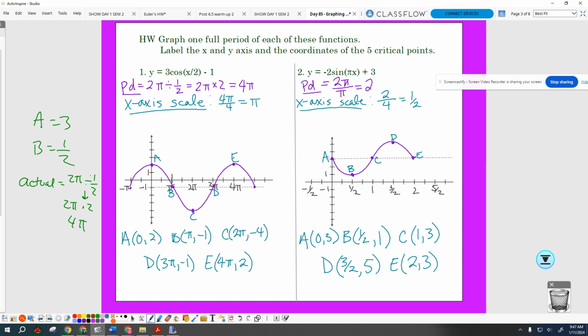And then how to label your scale. 4 pi divided by 4, why 4? Because there's 4 coordinates in 4 quadrants of a circle. So 4 pi divided by 4, each slice is pi away from each other. So pi, 2 pi, 3 pi, 4 pi. Those are your x values of your critical points.